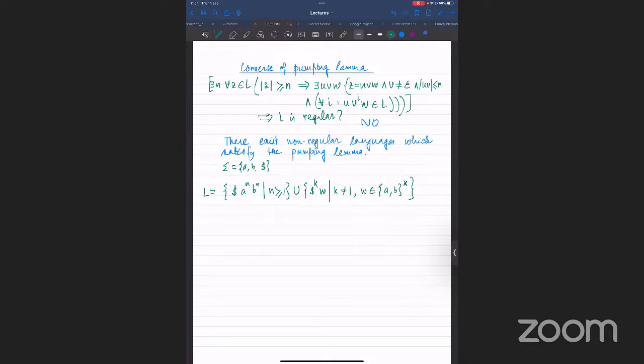Now, I want you to understand yourself that indeed L satisfies the pumping lemma. There should exist a decomposition. In order to satisfy the pumping lemma, you can choose the decomposition of your choice and you can pump the V arbitrarily many times.